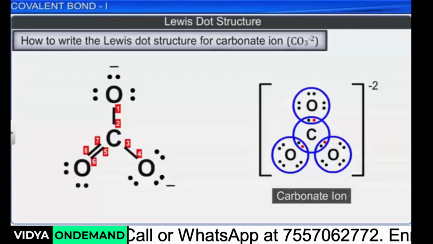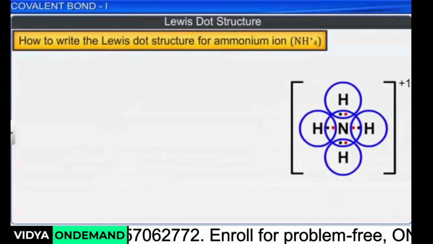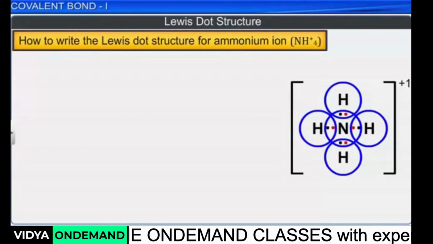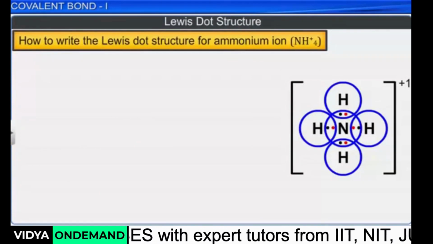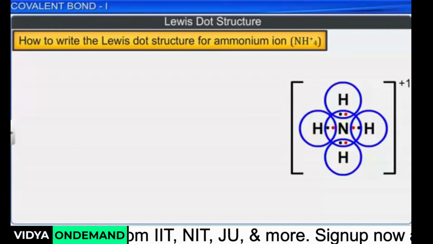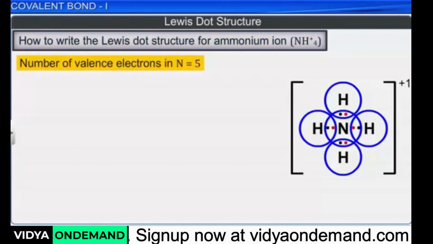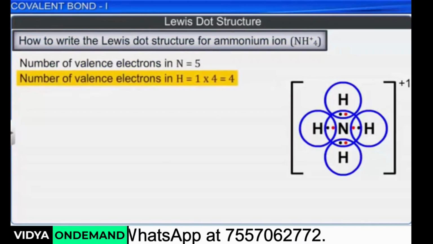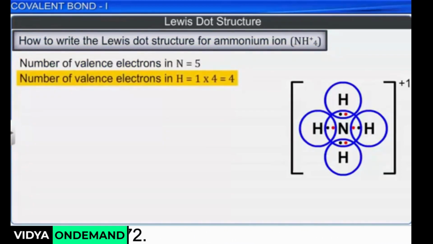Now let's see how to write the Lewis dot structure for ammonium ion. First, let us calculate the total number of valence electrons. The number of valence electrons in nitrogen is 5, whereas the total number of valence electrons in 4 hydrogen atoms is 4.